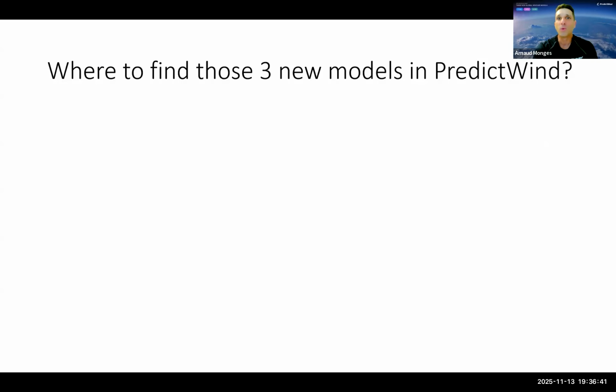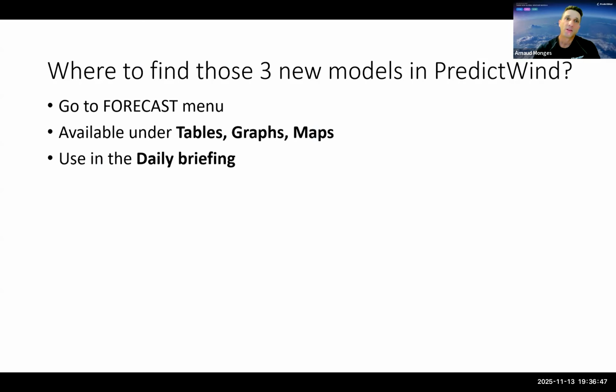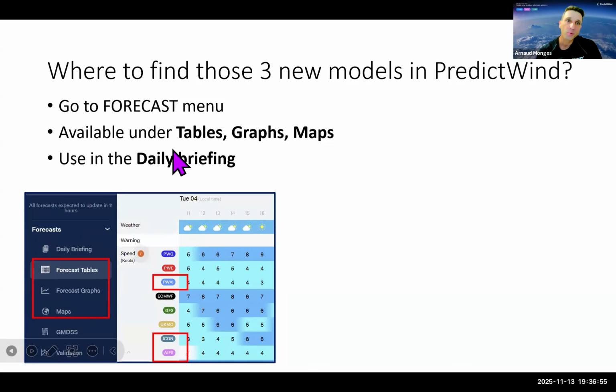So finally, where to find those 3 new models in the PredictWind platform? If you go to the forecast menu on the website or the PredictWind app, you will find under tables, graph and maps, those models. So here you can find PWAi, ICON, and AIFS.